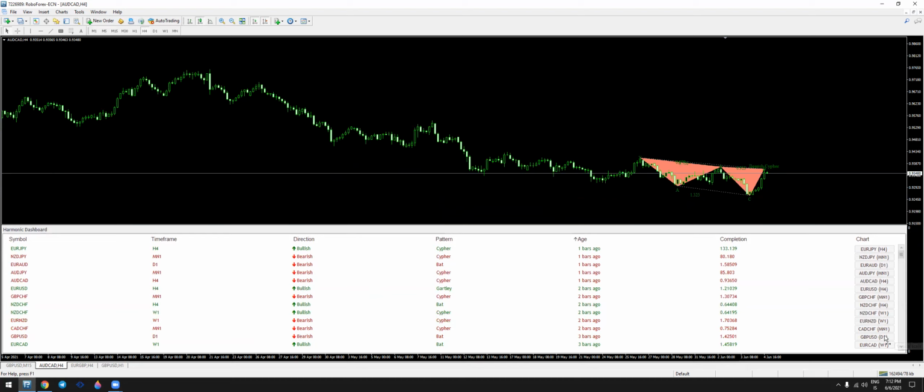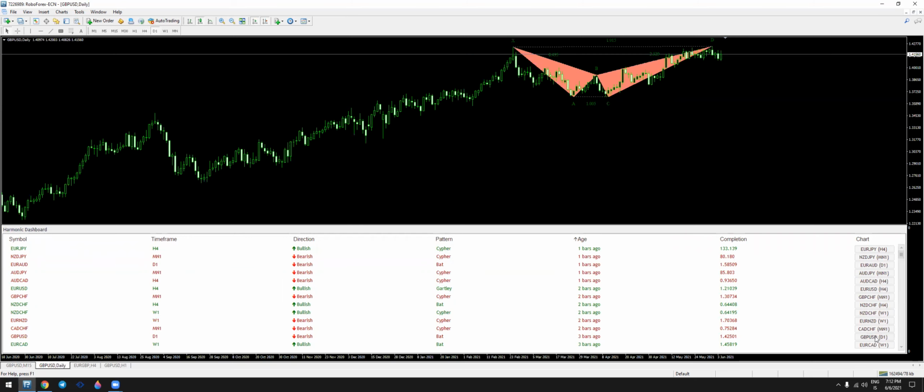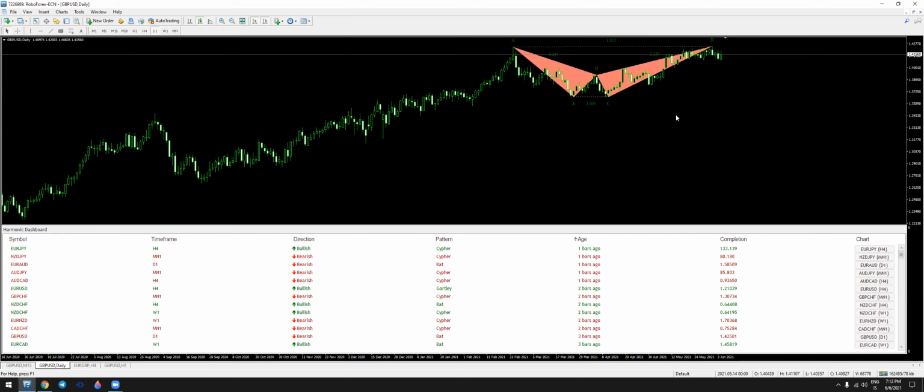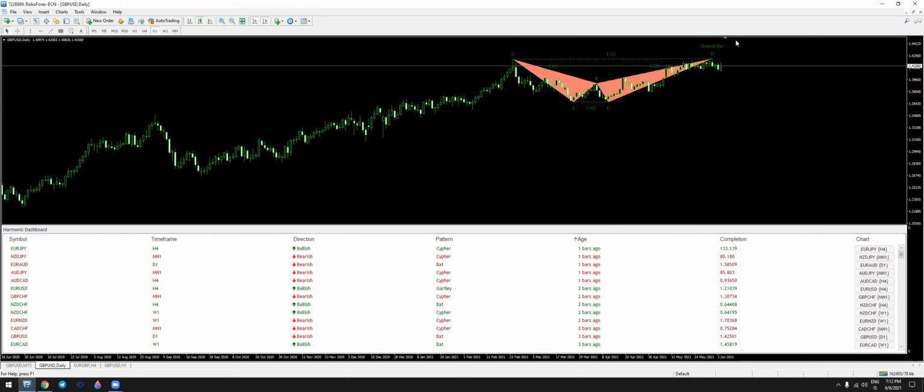Older patterns here. Pound dollar bearish on the daily 3 days ago. Price looks quite overextended, doesn't it? I don't know if it formed here before and then failed as it broke through. That's the thing with the invalidation.